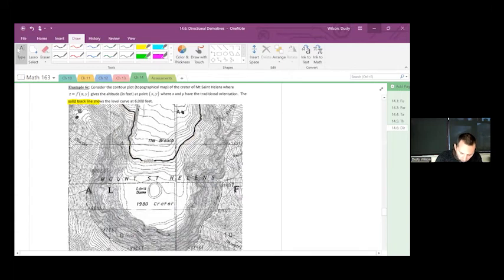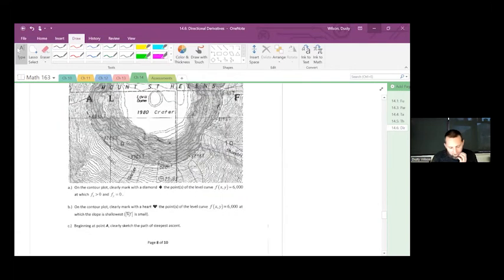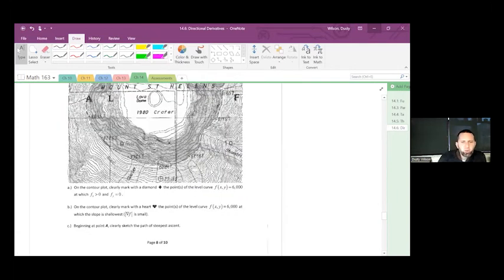Okay, so question A. On the contour plot, clearly mark with a diamond the points of the level curve f(x,y) = 6,000 at which f_x is greater than 0 and f_y is equal to 0.